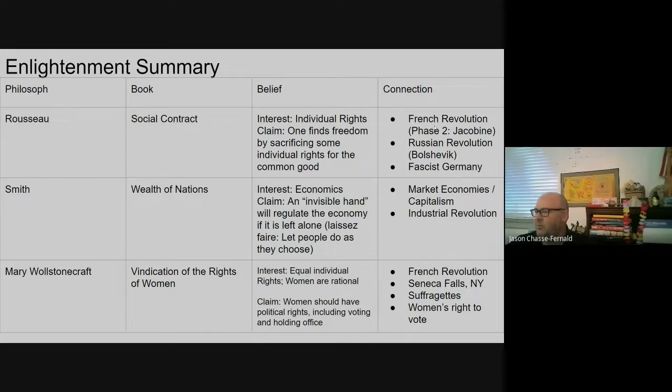Anytime we see power consolidated into the hands and the will of the people being expressed. So, the French Revolution during the Jacobin phase, the Russian Revolution in the 1920s into the 30s, right? So Lenin, early Bolshevism, Stalin, Germany in the 30s, China after 1949, right?